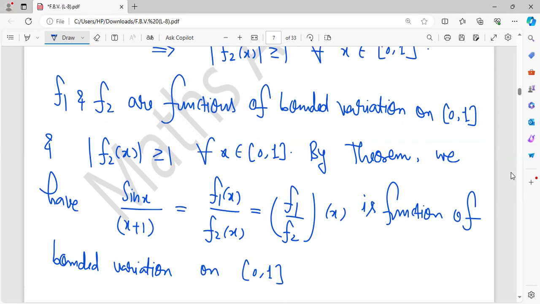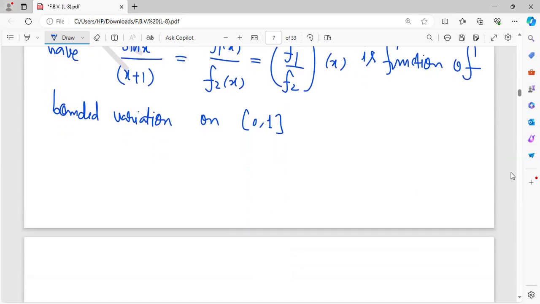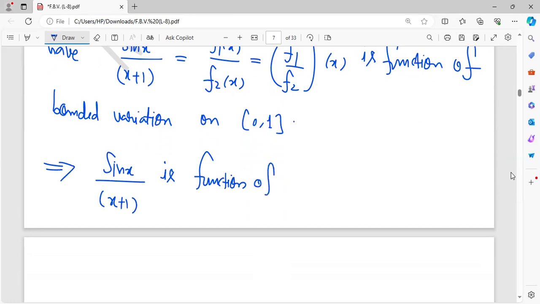It means sin x upon x plus 1 is a function of bounded variation on the closed interval 0, 1.